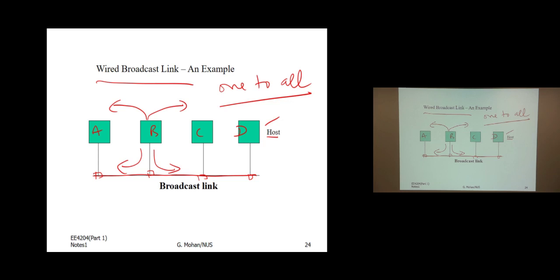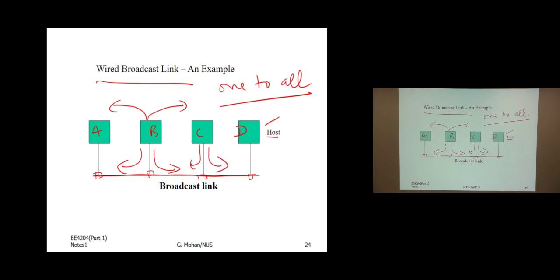But the drawback is that because it's a broadcast, at any time only one can speak. Let's say I speak, you all listen. That's fine, no problem. But when multiple people start speaking, it's not good. In this case, if more than one computer tries to send data, let's say B also tries to send, and C also sends some data, what happens?